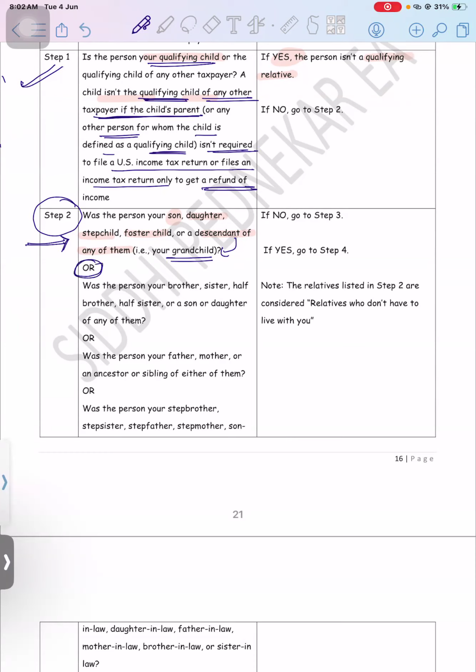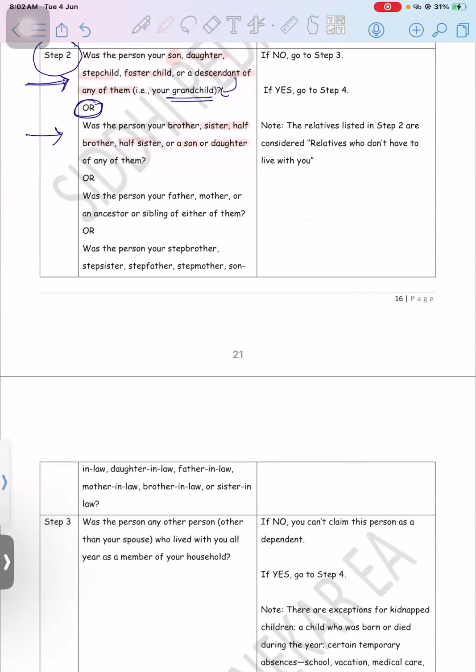Or was that person your brother? Okay, the first one is all related to child, the second one is related to your brother, sister, half brother, half sister, son, daughter, or any one of them. And the third one is related to your parents, your father, mother, or ancestor, or sibling of either of them. Sibling of father, mother means your uncle and aunt can also be considered as a qualifying relative.